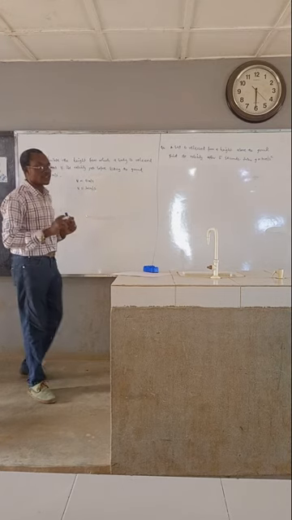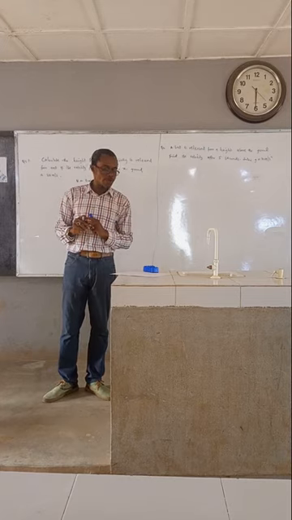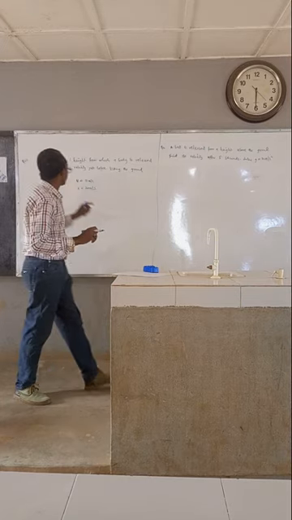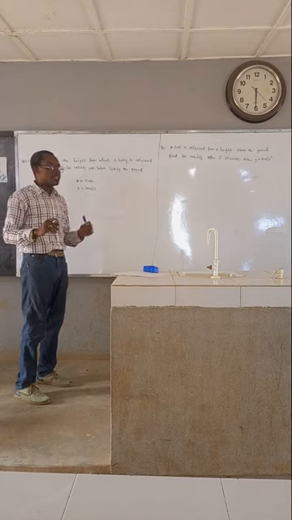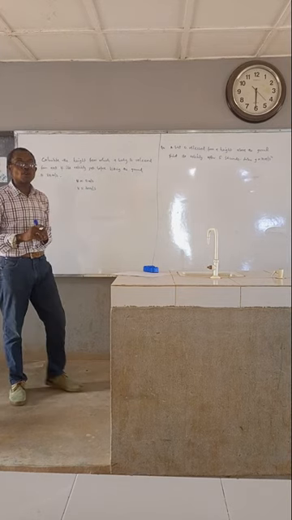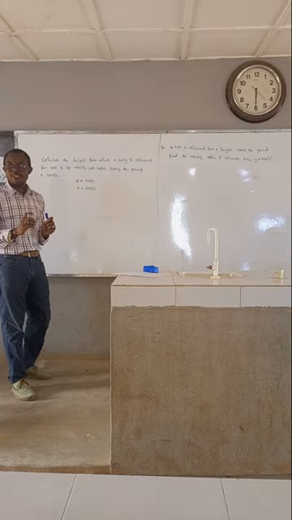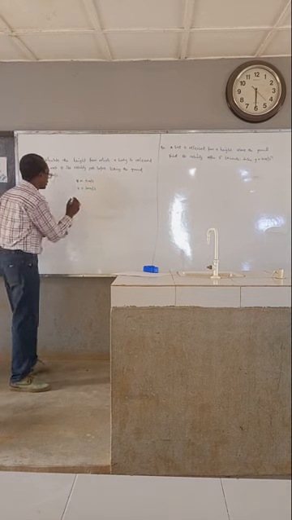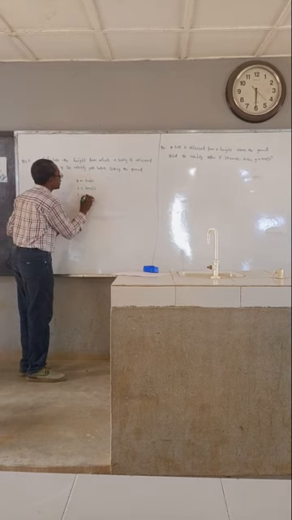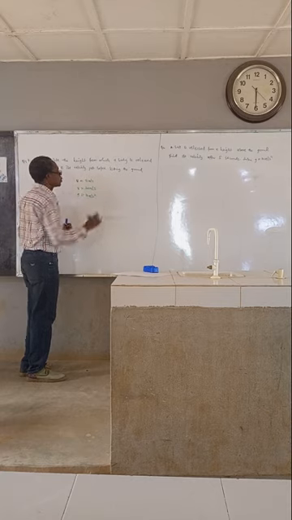What did they ask us in this question? We are asked to determine the height. And in looking for the height, we need to understand that in a question like this, the standard value of acceleration due to gravity, letter g, is given as 10 meters per second squared.